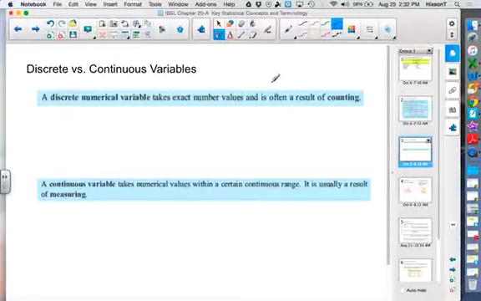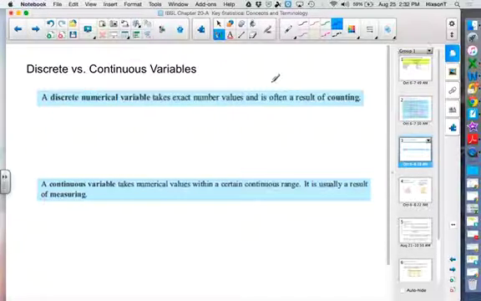So you're kind of between. But that would be a discrete variable. We don't have 9.5, it's not on a sliding scale. They're exact values.